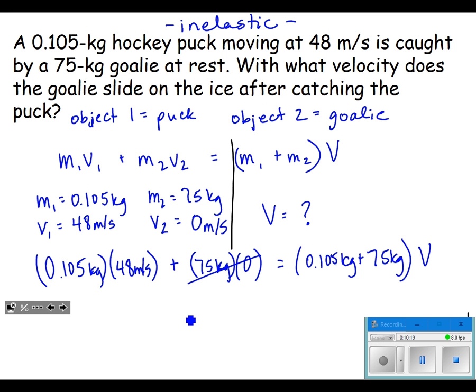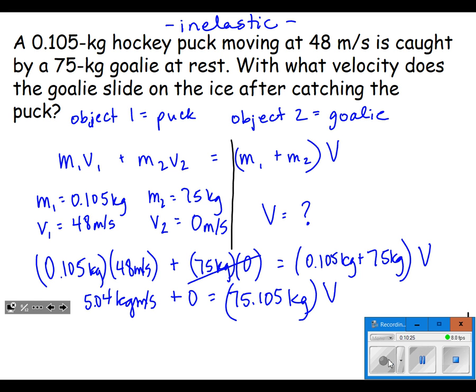So then with your calculator, you multiply those two and you get 5.04 kilogram meters per second plus 0. And then when you add the masses together, you get 75.105. So then you divide by 75.105 on both sides to get V by itself.